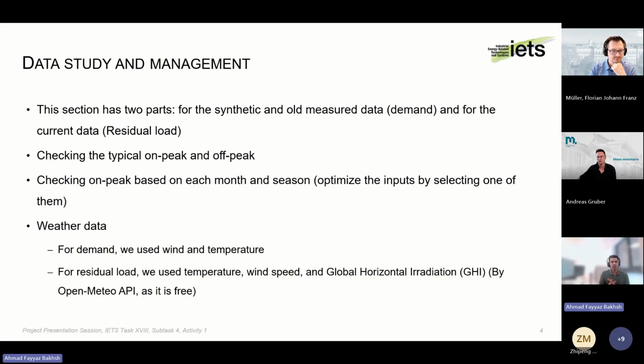For instance, when we talk about demand, we care mostly about the temperature and when people need energy.